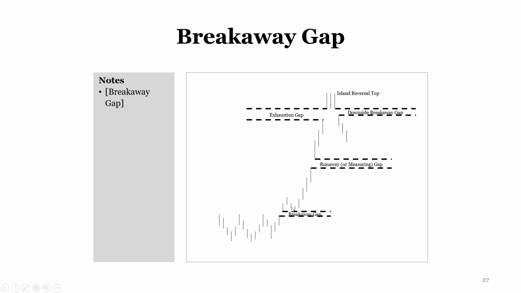If you miss the move, you can initiate your position at the midpoint, or you can wait for it to come to the open of the gap, and then initiate your entry here, and then the stock takes off. Chances are the stock will not fill the gap. Now the fourth entry comes in case the stock fills the gap right here. If this was 100, the stock would fill the gap at 100 and then take off.